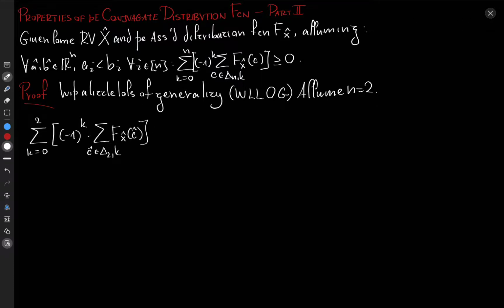And now we can explicitly write this out because n is so small, so it's easy, right?